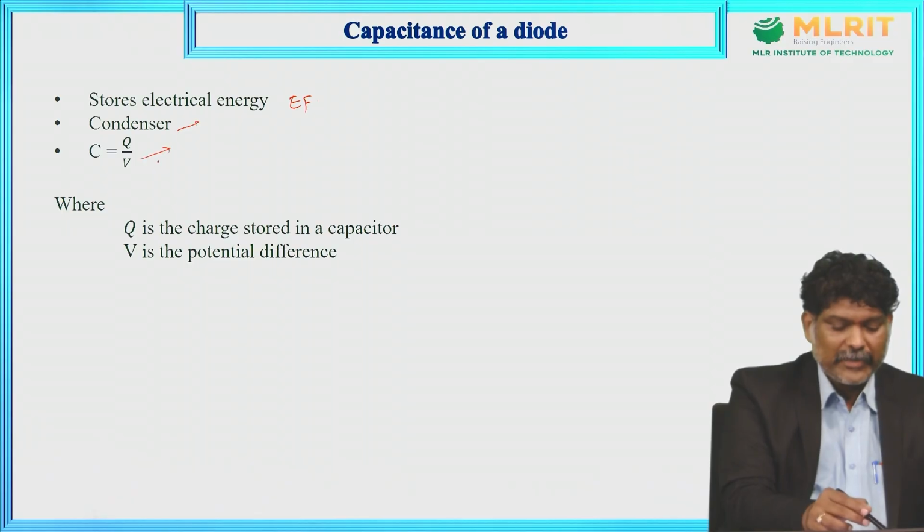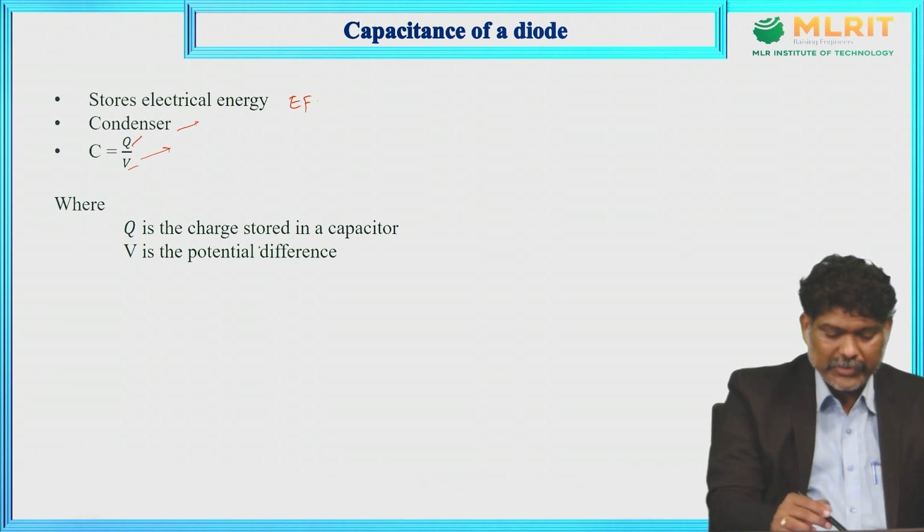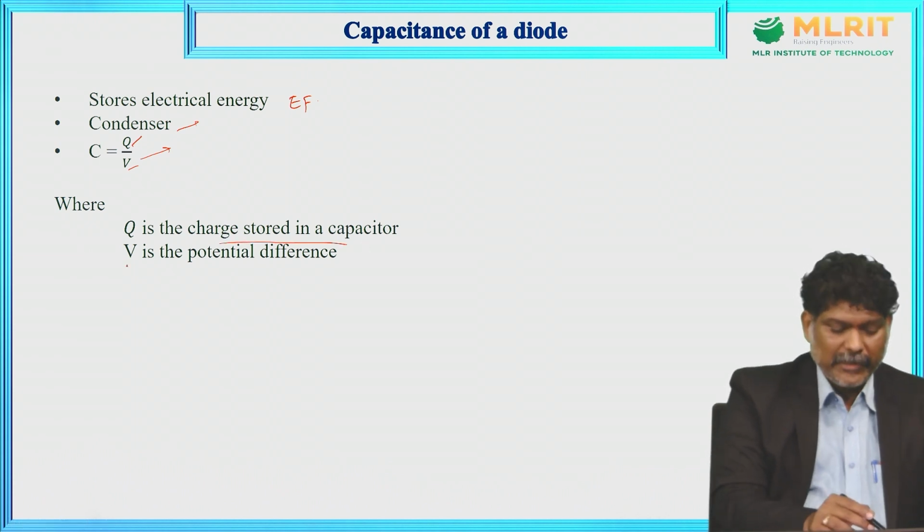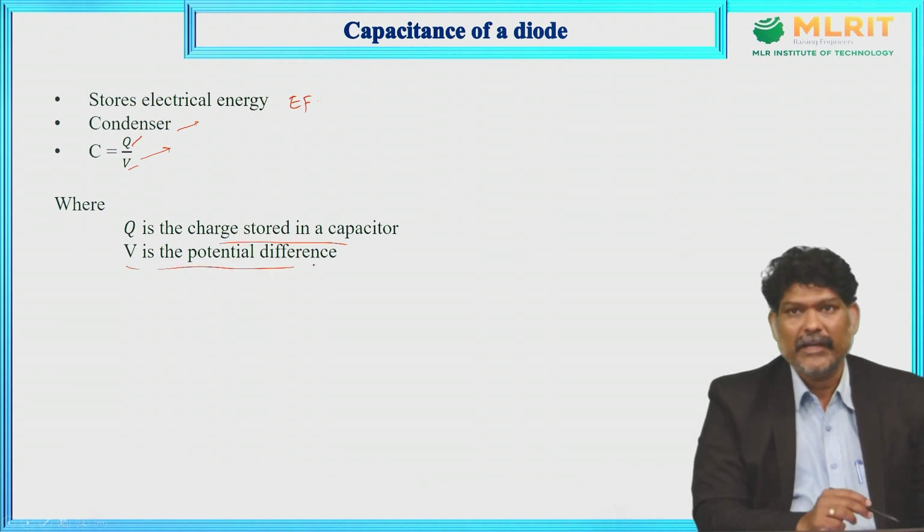The expression for the capacitance is C equals Q upon V, where Q is the charge stored in the capacitor and V is the potential difference between the terminals.